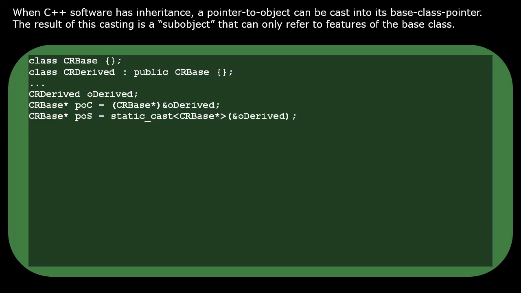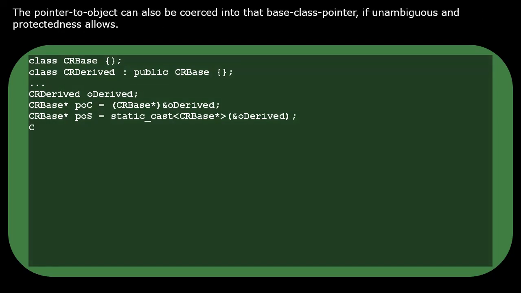The result of this casting is a sub-object that can only refer to features of the base class. The pointer to object can also be implicitly coerced into that base class pointer, if that's unambiguous and protectedness allows it.